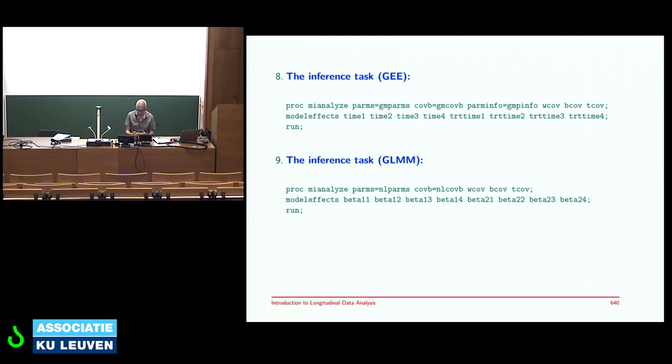And then I run proc MIANALYZE, where you specify in the model effects all the parameters as they happen to be called in that particular output. I could say, for example, listen, I'm interested in the treatment effect at the last time. Well, in that case, everything else is taken away here, and you just do the final inferences, the combination rules, on that single parameter. The same here, for example.